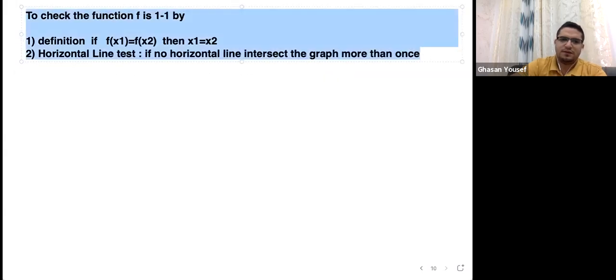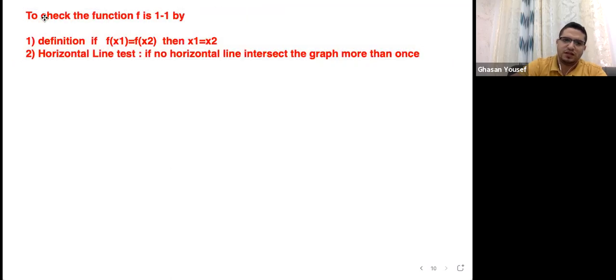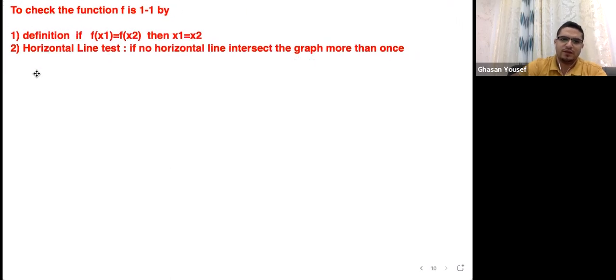This is a very important property and rule. We should use it to check if the function is one-to-one. So by using the definition, f of x1 equal f of x2, we have to check if x1 equal x2, or by using the horizontal line test, if no horizontal line intersects the graph more than once.